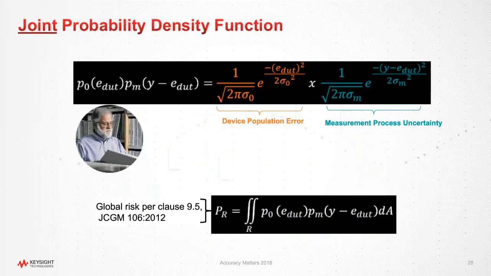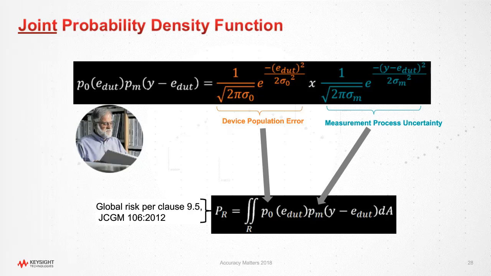What I want to call to your attention now is that when you're looking at average risk, that is really a joint probability density function. It's a function both of the measurement process uncertainty, which was the only term on the right that we just looked at for specific risk, and it also includes the distribution of the device population itself.